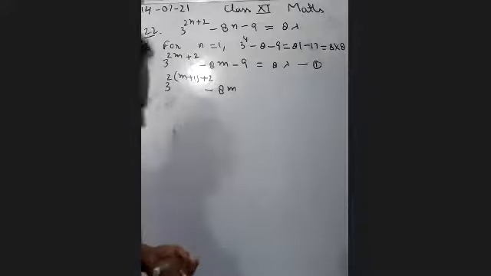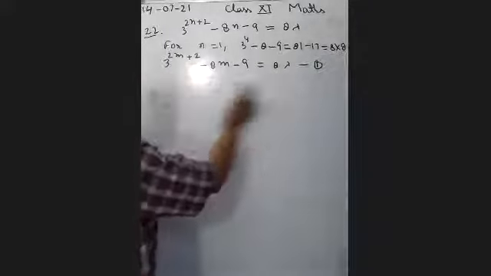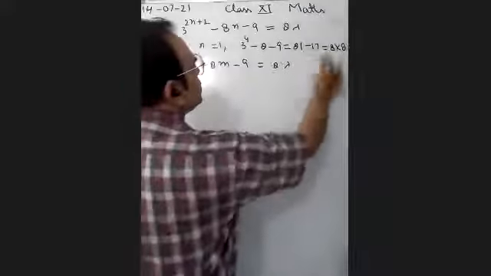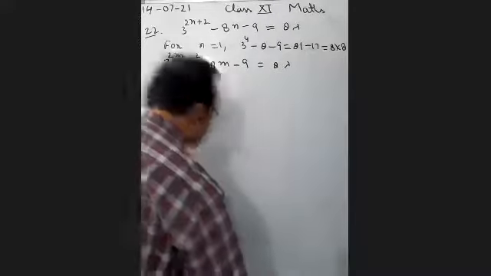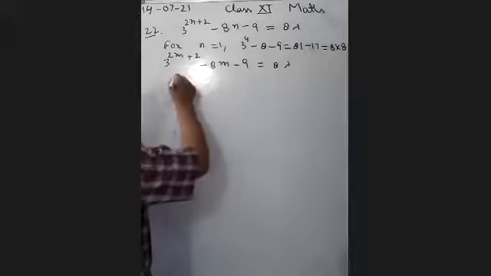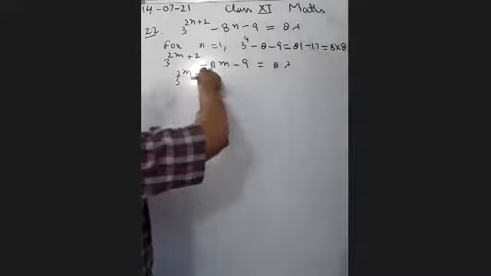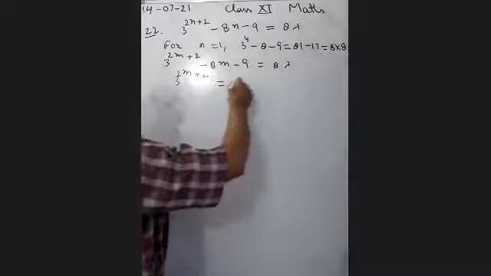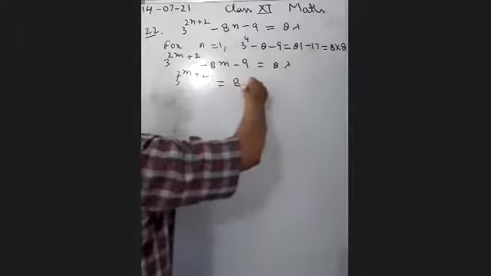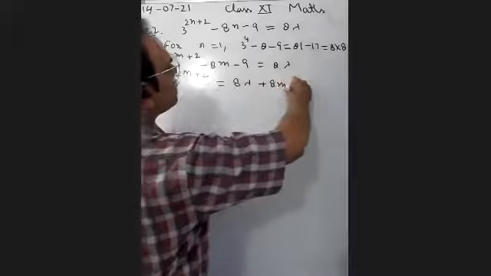Either way, first of all we have given the name here, equation 1, but it will be better because we have to convert this term. We can write 3 to the power 2m plus 2 equal to 8 lambda plus 8m plus 9.